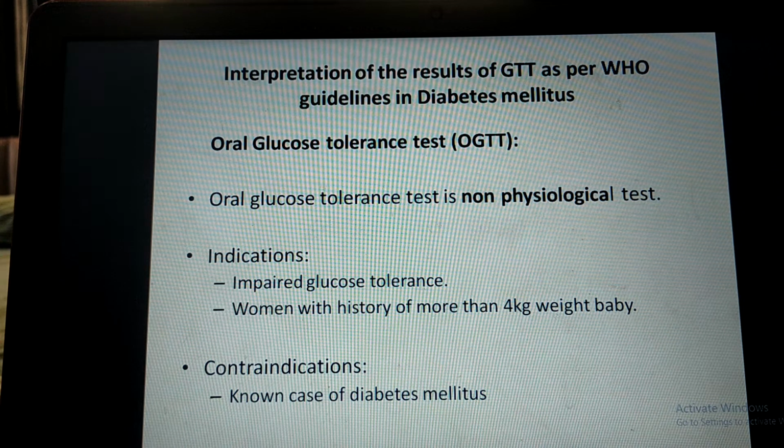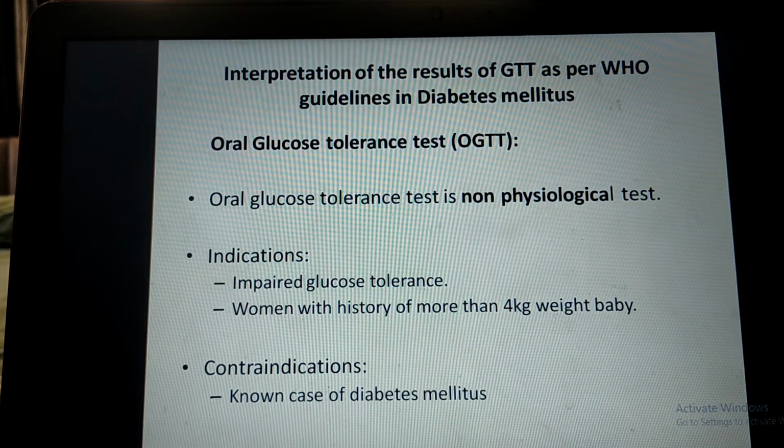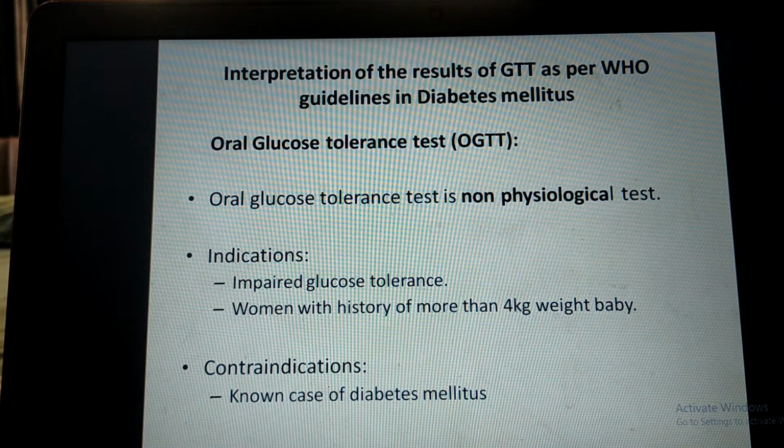Because during this test we give a glucose load of 75 gram of glucose orally to a person. Such a large amount of glucose is not taken by the person in physiological conditions.